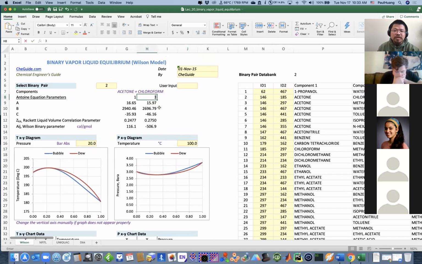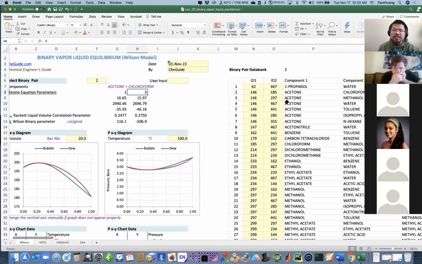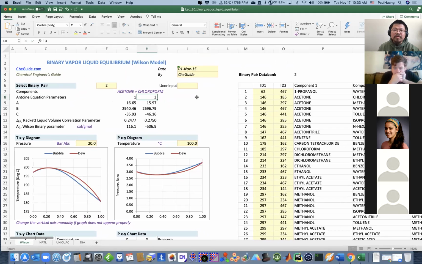If this is 3, no, I don't think that's available. What is that? I have no idea. I hope that if we type 1, 3, then we are going to change that into the corresponding components. But I think that's not available because that's kind of hard coded in the program.